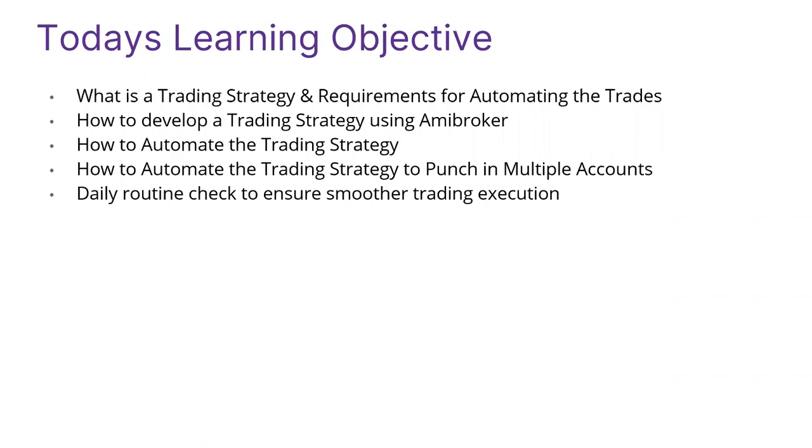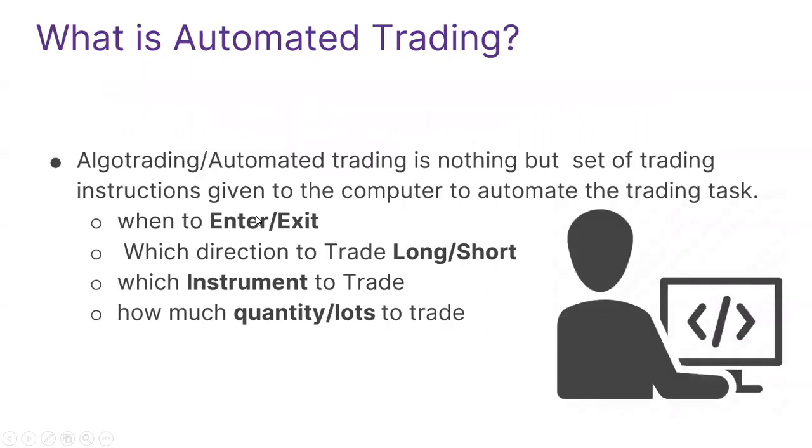All right, without any further delay, let's quickly talk about what automated trading is. Technical analysis is about a bunch of rules. Maybe it could be some sort of pattern, candlestick patterns, or entry rules and exit rules.